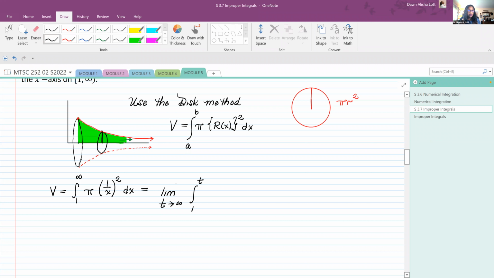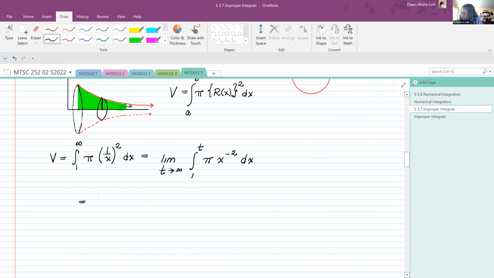T is what's going to infinity, the integral from 1 to t of pi. And to make this easier, why don't we write this as x to the -2 dx, because now it's much easier to integrate.